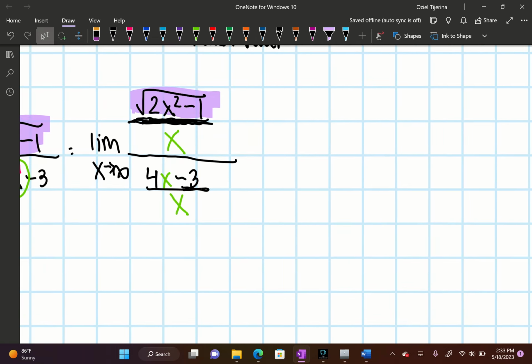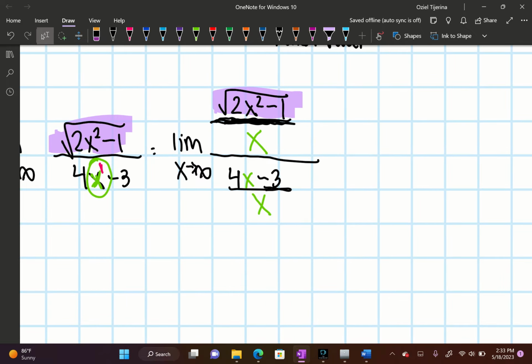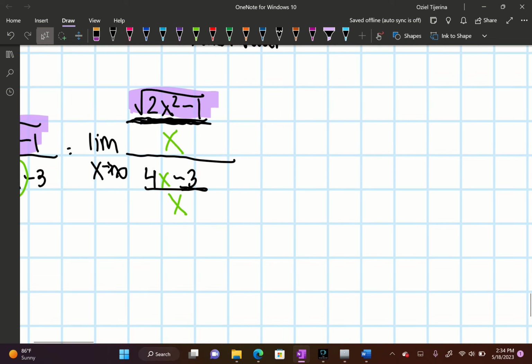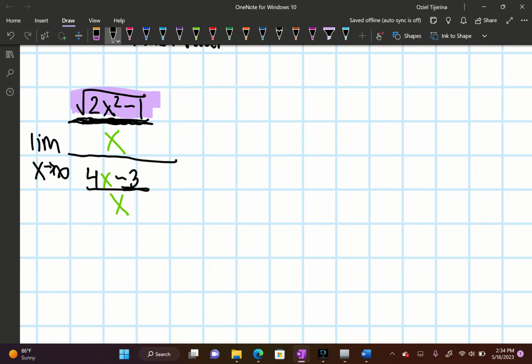Then after this, we know that we can make this into one radical.